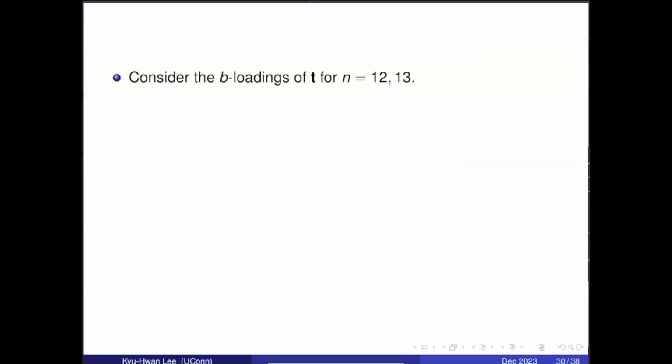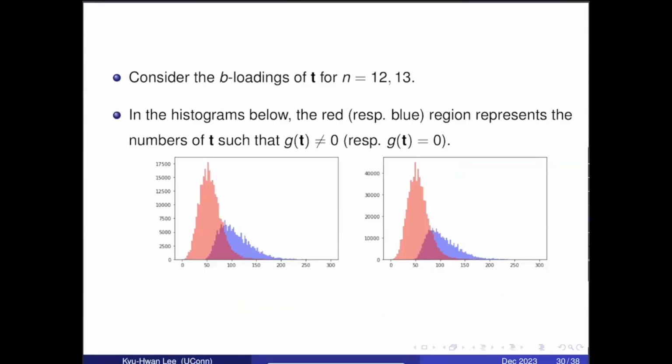But B loadings are much better. So the histograms look like this. The good thing is, there are overlaps, but clearly the red part is skewed nicely, and the separation occurs vertically.